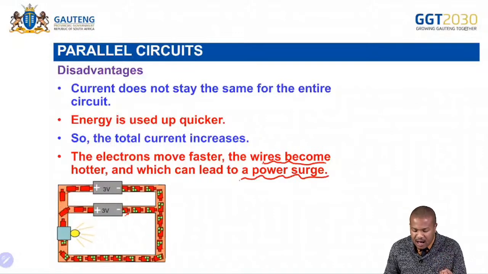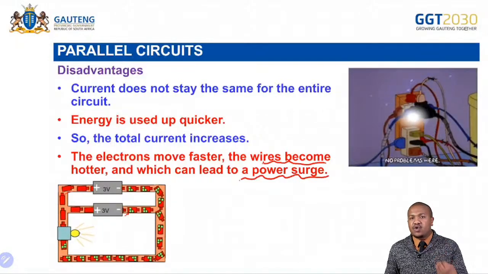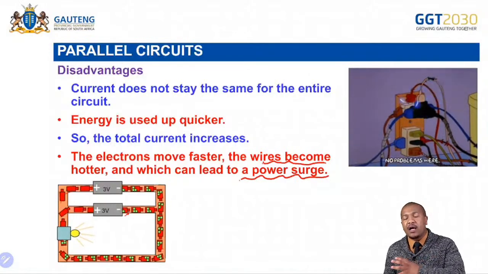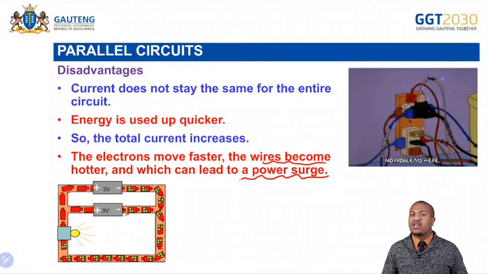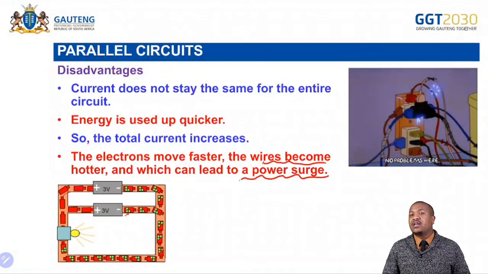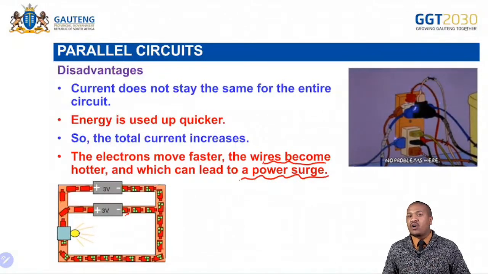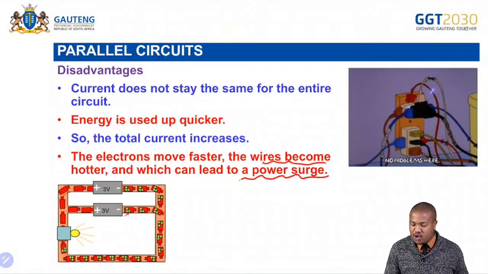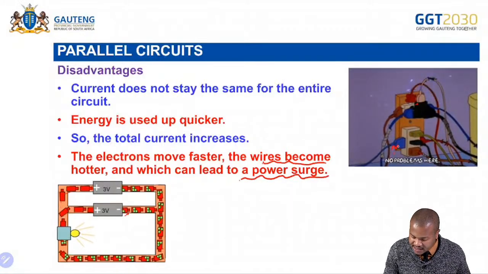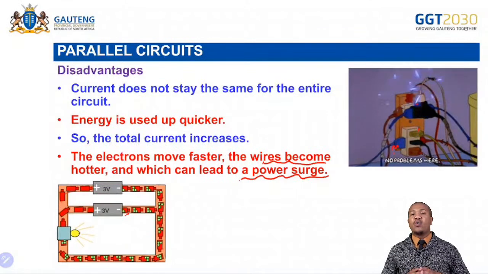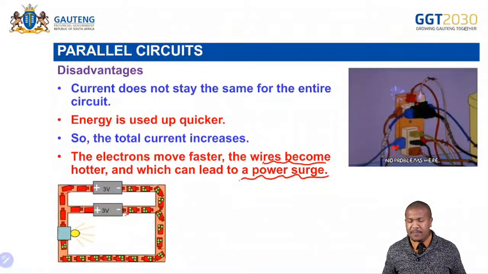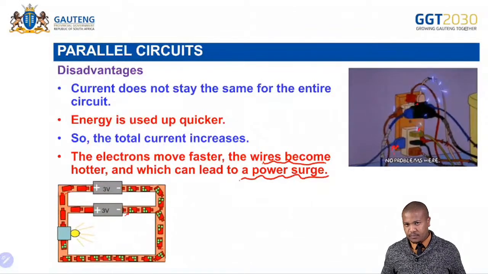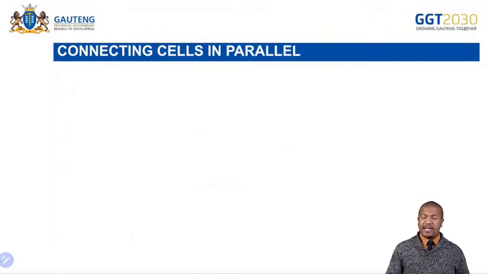As they heat up, they lead to some of the components also breaking. As they are breaking, the other branches of the circuit need to carry the current that was supposed to pass through the broken component. So this can lead to a power surge and hazards such as this one, where you have these conductors overheating, sparking, and also causing fires. Are we together?